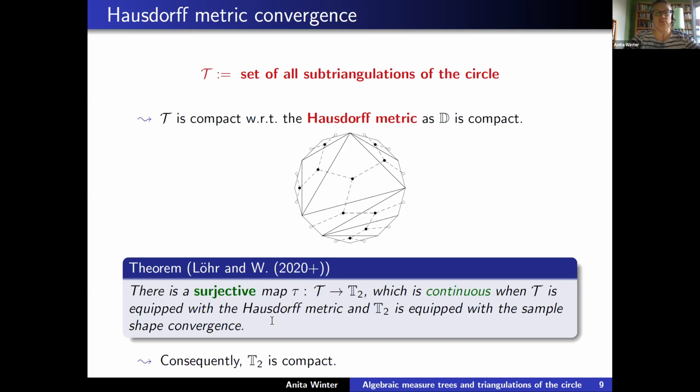We were able to construct a surjective map which takes any subtriangulation of the circle and maps it to an algebraic measure tree in such a way that this map is continuous once calligraphic T is equipped with the Hausdorff metric and T2 is equipped with the sample shape convergence. And it's exactly this continuity which allows you to conclude that also T2 must be compact.